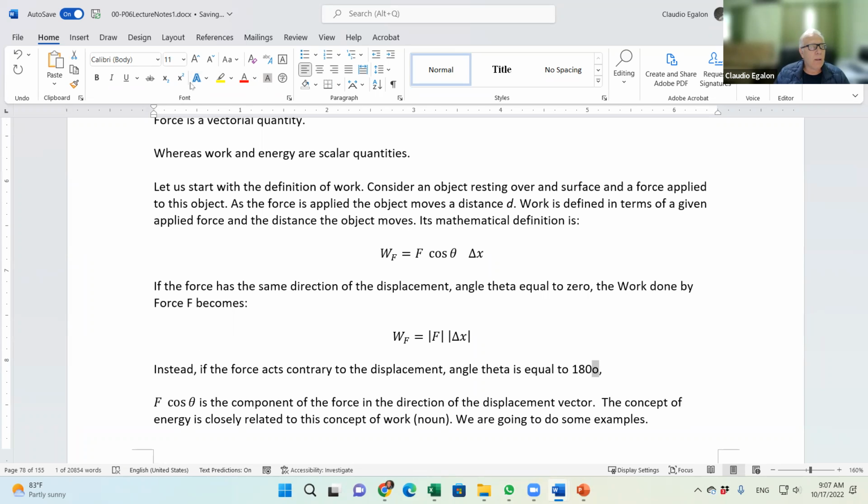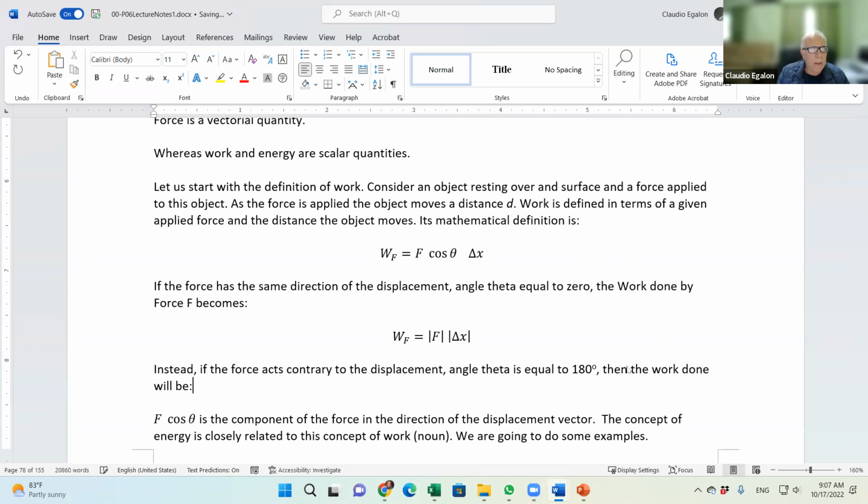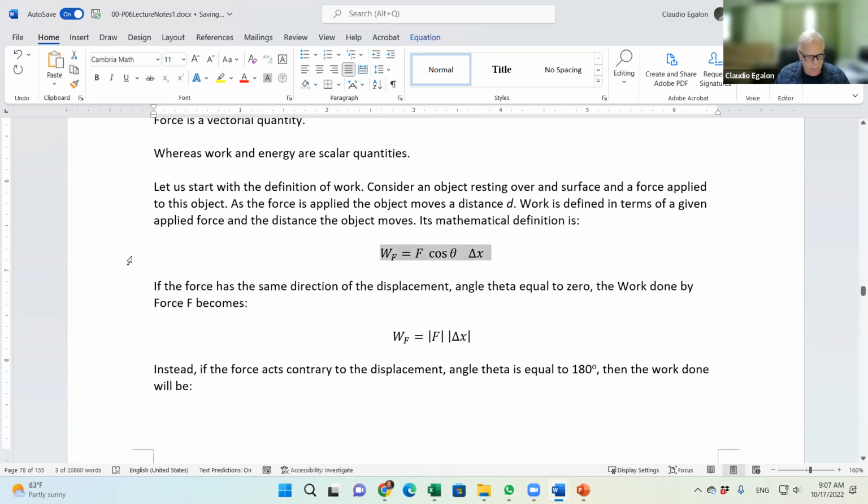Then the work done will be F cosine of 180 degrees times delta X. And again, you're still going to have the magnitude.